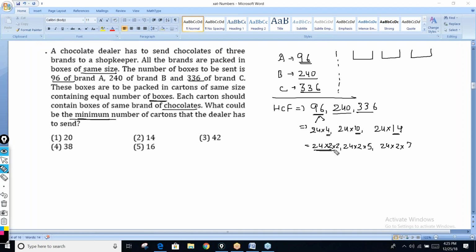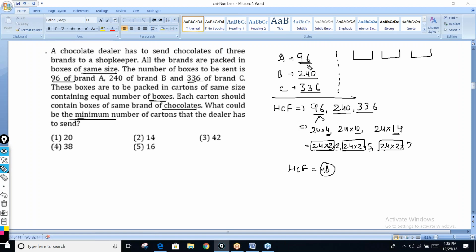So the highest common factor comes out to be 48, which is available in all the numbers. I cannot take anything more common from 2, 5 and 7. So the HCF is 48. It means I can put 48 chocolates in a particular box, right?